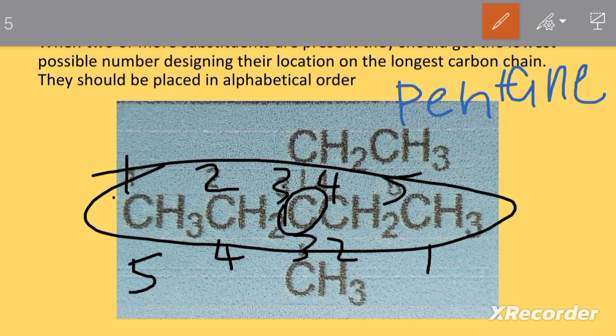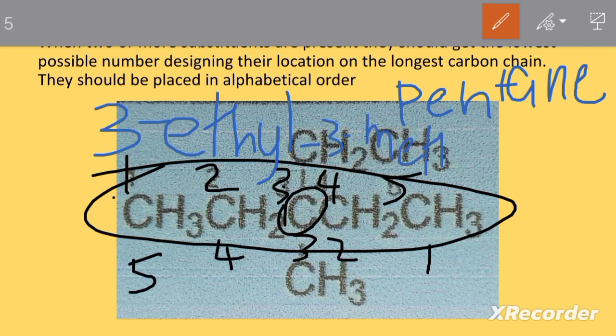So here alphabetical order should be followed. So I write 3-ethyl-3-methylpentane. In such cases, we should follow the alphabetical order.